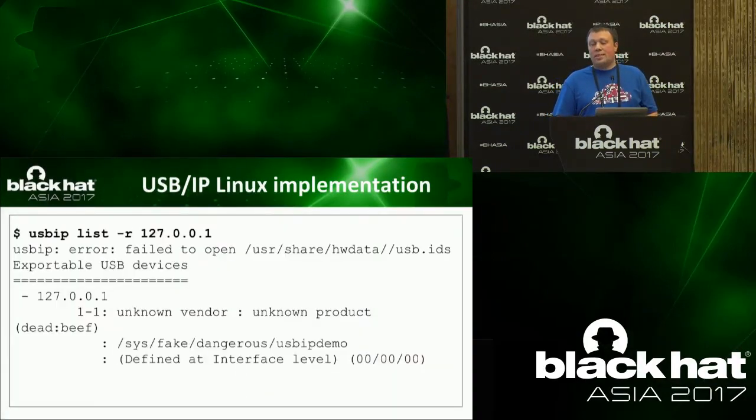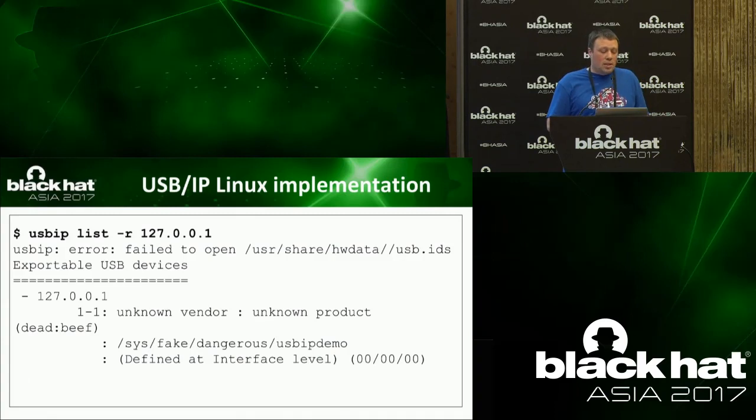So this is how it typically looks from the shell. We will focus here on the client side of operations because it's of particular interest today. So imagine you already configured a server to export one USB device, and from the client, you have the client USBIP utility, and you request a list of exportable devices from a particular server.